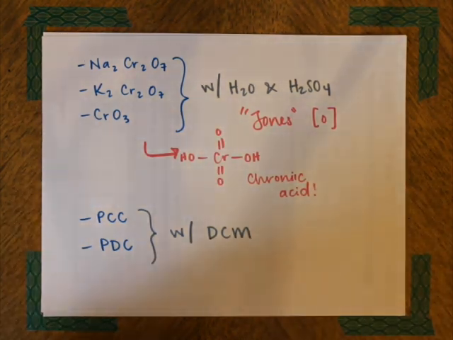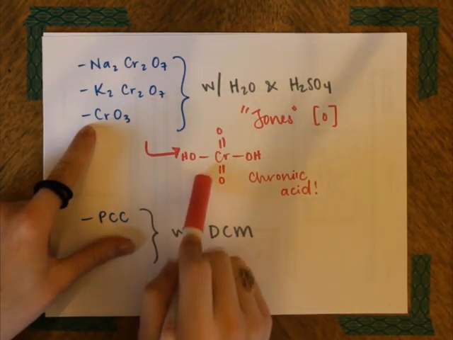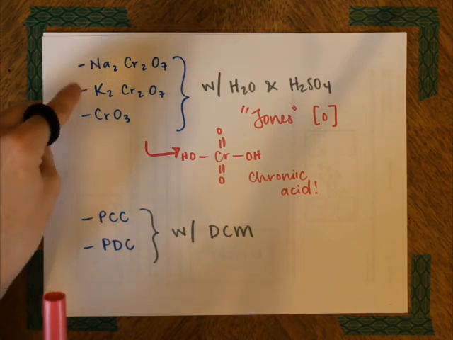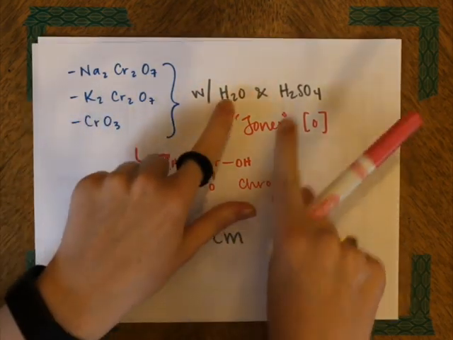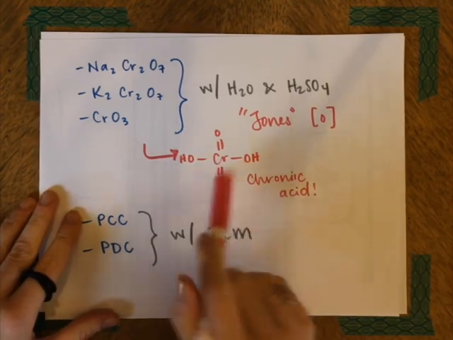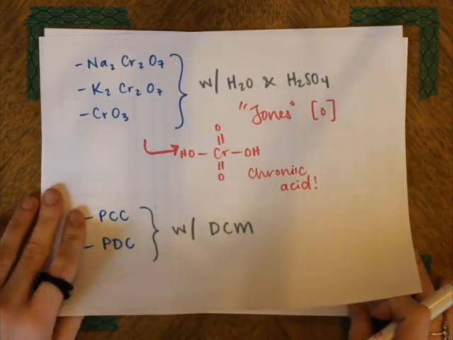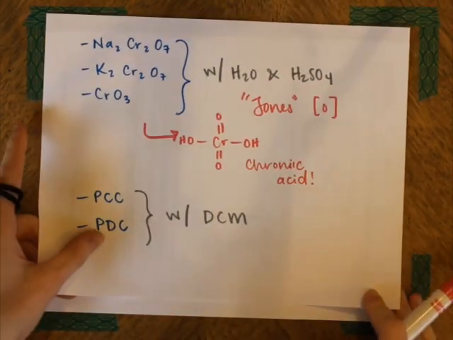You don't need to know the mechanism to get to chromic acid. You just need to know that if you mix one of these three things with water and sulfuric acid, you're going to wind up with chromic acid. You don't need to know how or why, you just need to know that it happens.